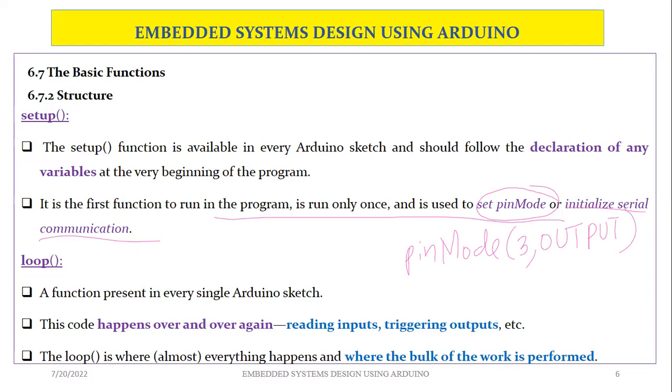If I want to specify the serial communication speed, for example, I can say capital S, Serial dot begin, and into brackets I put 9600.